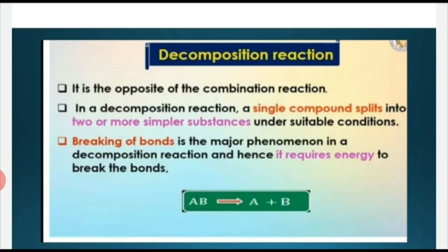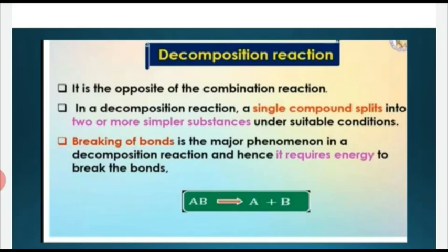In this decomposition reaction, a single compound splits into two or more simpler substances under suitable conditions. So the decomposition reaction is the opposite of the combination reaction. In the combination reaction, what is the definition we studied already?